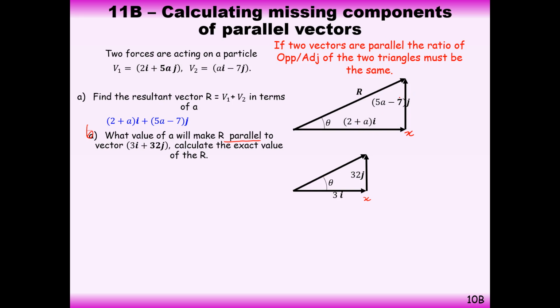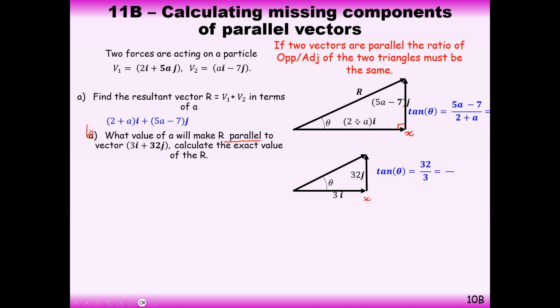The tangent of theta is the opposite over adjacent, and we're not concerned with the hypotenuse of this right-angled triangle. If tan of these two angles is the same, the ratio of these sides is the same. So I've taken j on the top of the fraction.